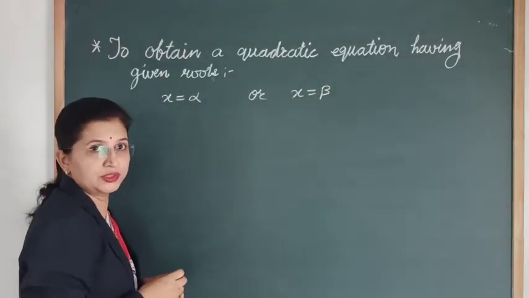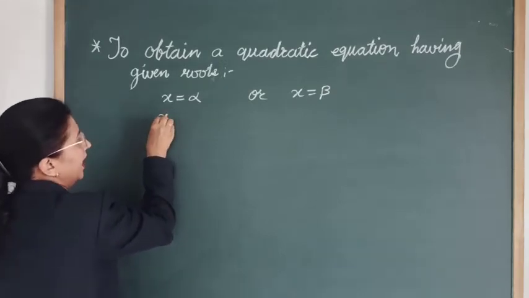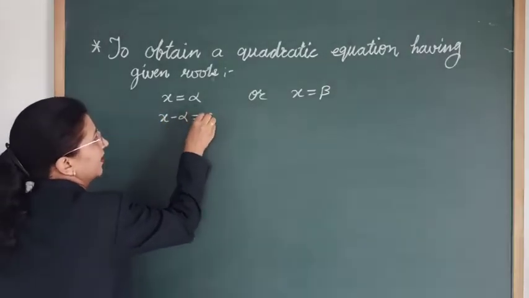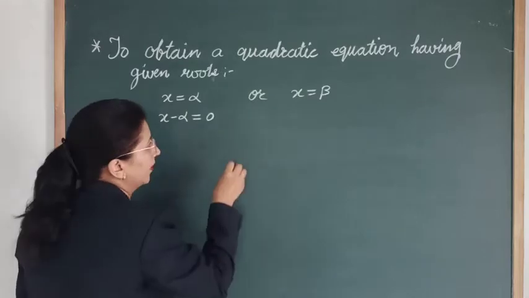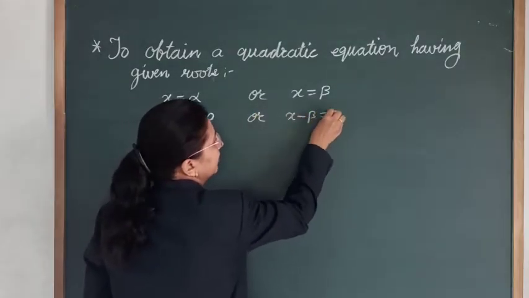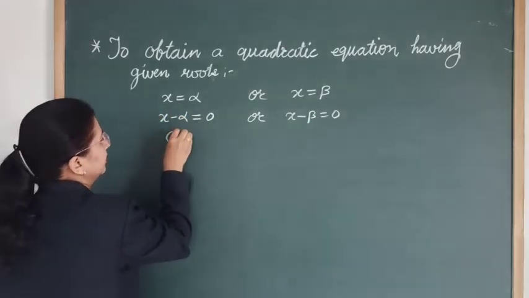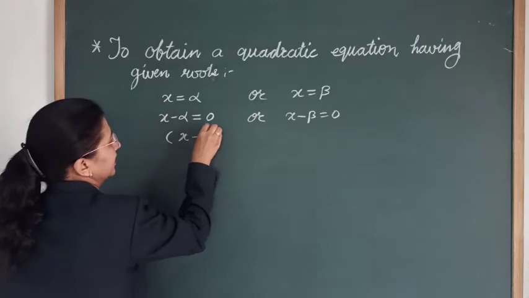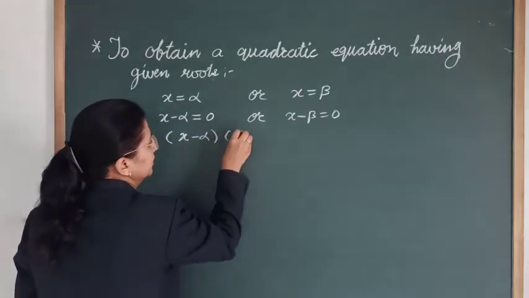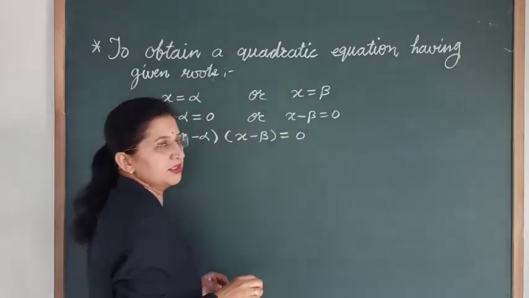These are the two roots. Now x is equal to alpha means x minus alpha is equal to 0, or x minus beta is equal to 0. So x minus alpha into x minus beta is equal to 0.